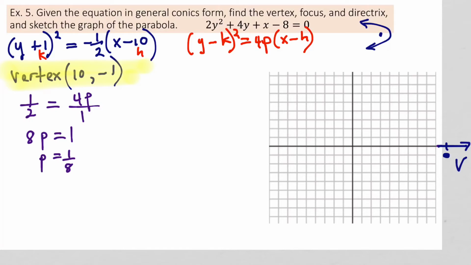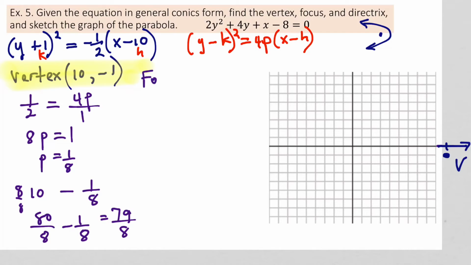So this means that I'm going to take 1/8 and I'm going to go to the left from the coordinate here, which is 10. So that's basically 10 minus 1/8. So that's, if I multiply by 8 over 8, 80/8 minus 1/8 is equal to 79/8. All right, so that is my x coordinate of my focus. So let's write my focus up here.